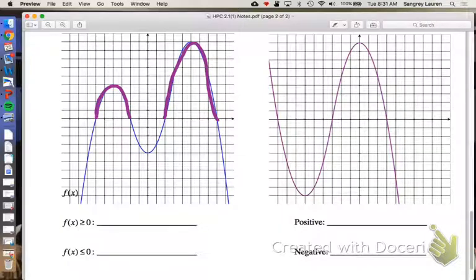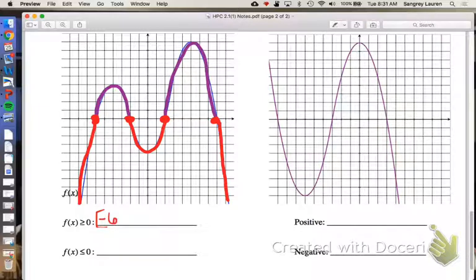So we're above the x-axis. And then we are below here in red, here, and here. Now, we are including zeros for this because it's greater than or equal to 0, less than or equal to 0. So for our positives, we are using the closed bracket to include 0.